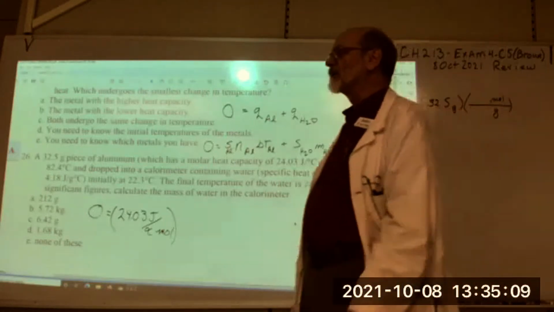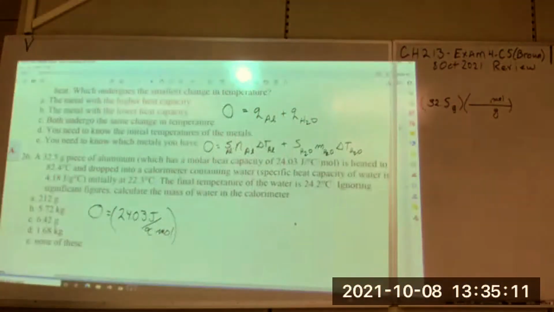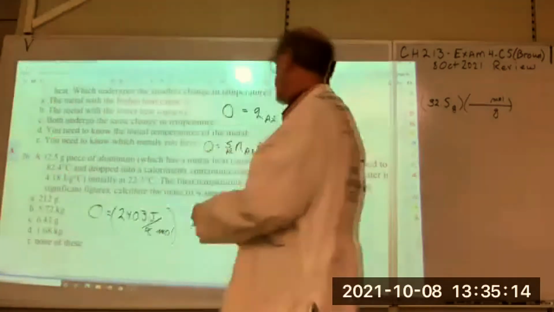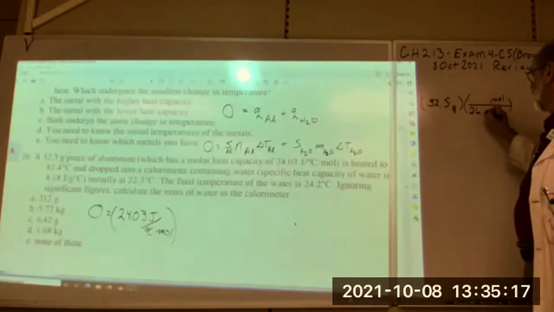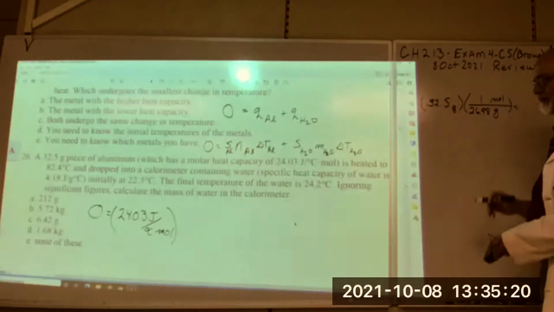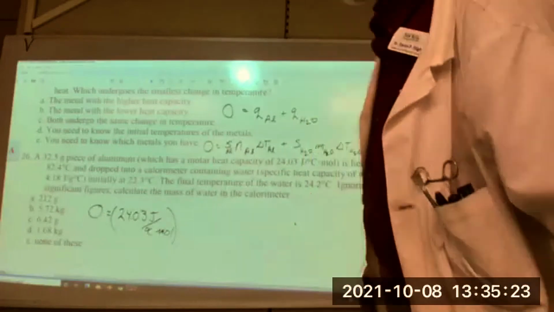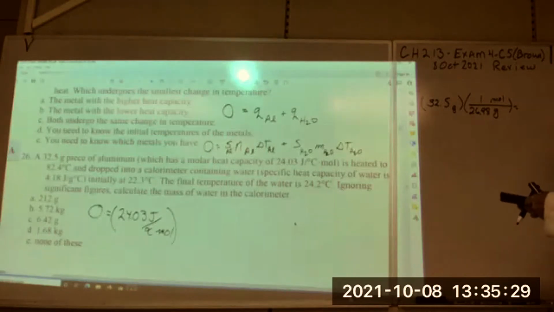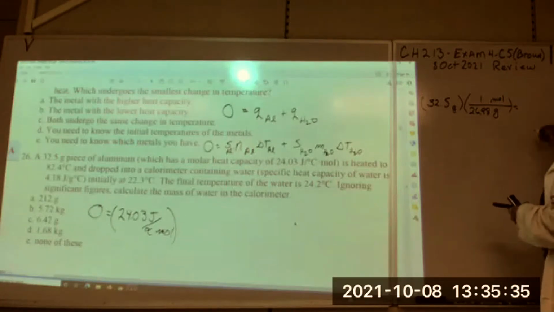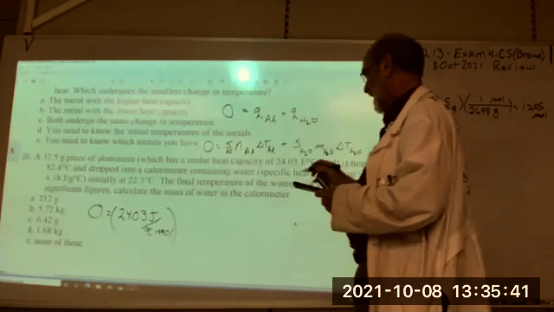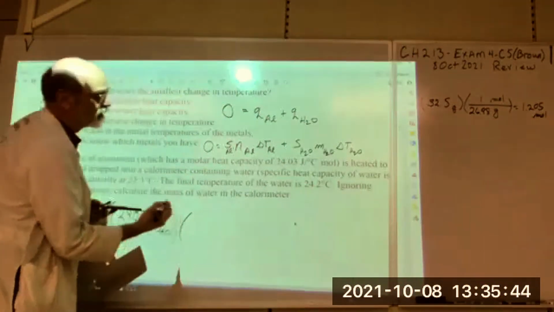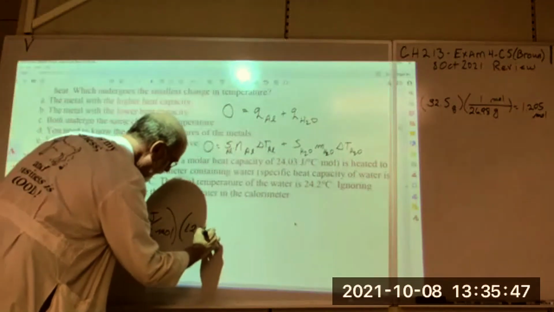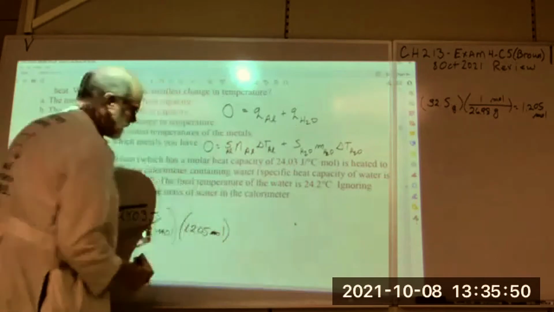And it's 26.98 grams per mole. All right, so we got 1.205 moles of aluminum. Okay, now we can put this in for aluminum. 1.205 moles of aluminum.